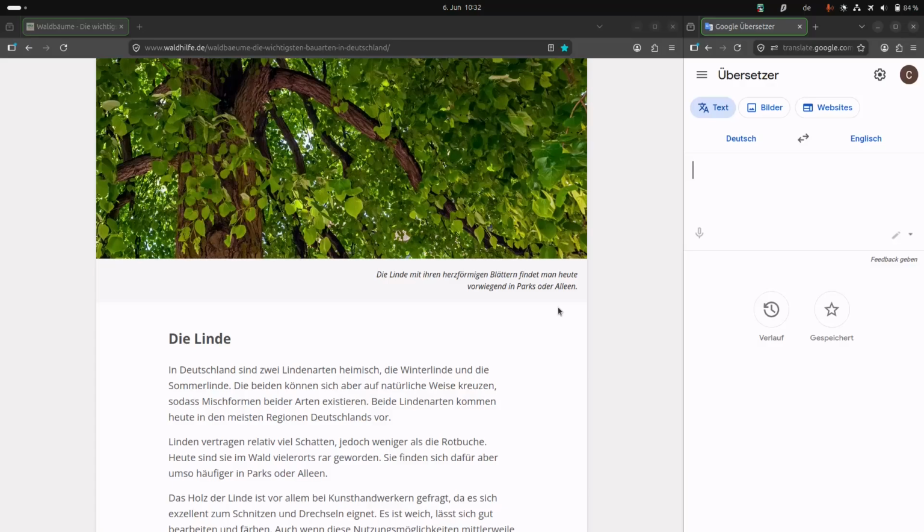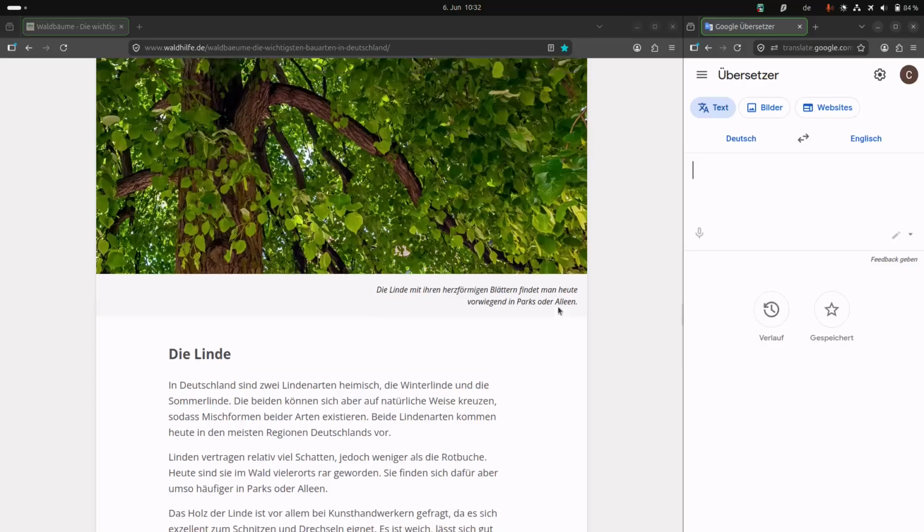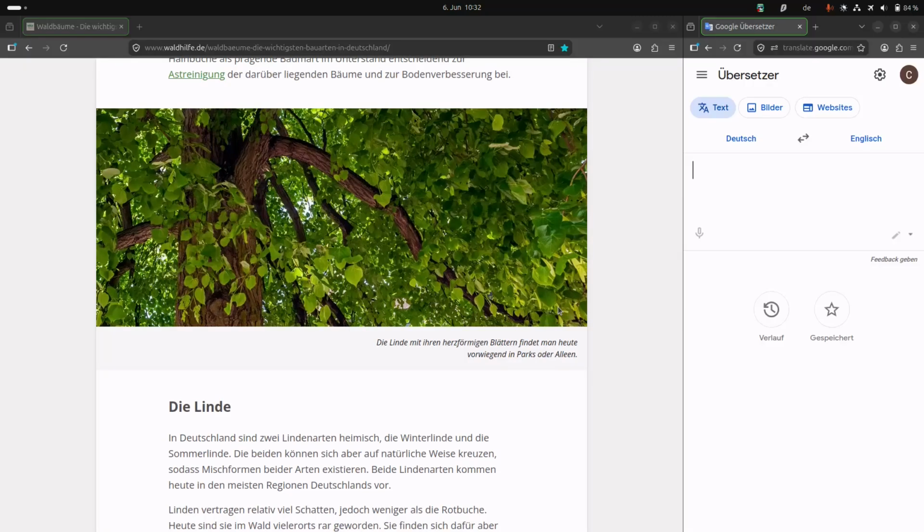It's a pretty soft wood, and the tree grows mostly in Europe, in middle areas, not too warm, not too cold. Let's dive right into the article.